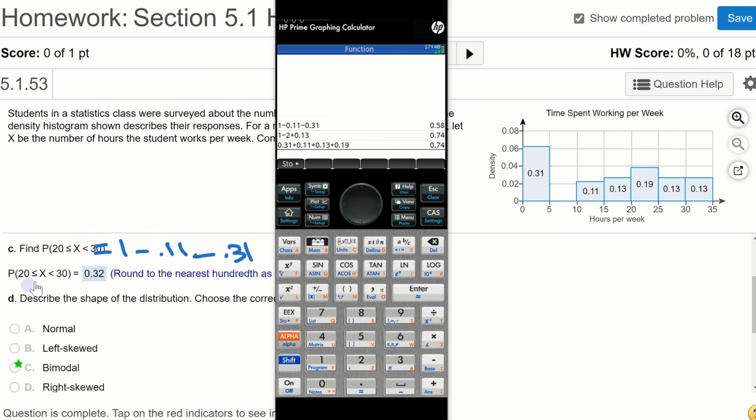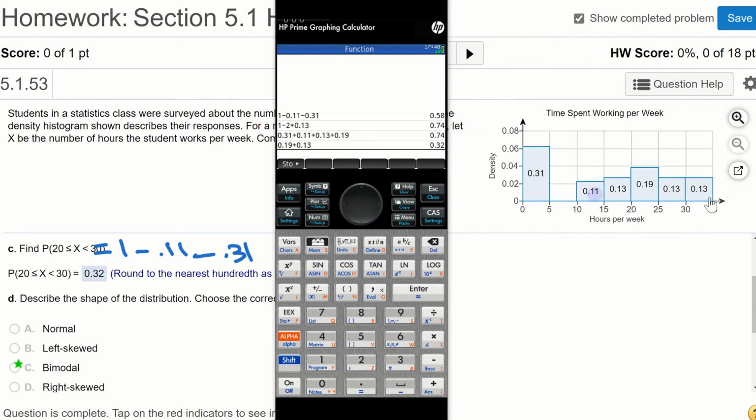The probability that the number of hours worked was between 20 and 30, right? So here you're just going to be adding those two probabilities, right? So 0.19 plus 0.13. Okay.